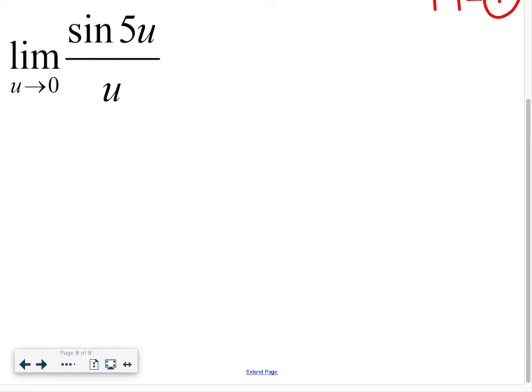Dylan, what would make this more doable? Since this is a 5u, it would be better if this was a 5u. Well, we can't just throw a 5 up there, right? We have to multiply by a well-chosen 1.